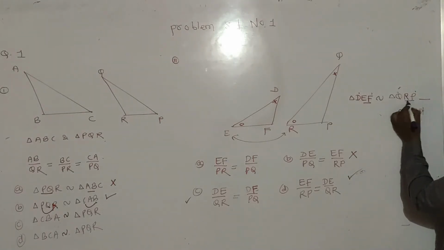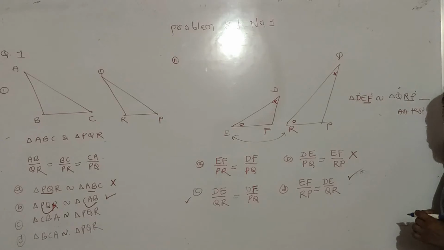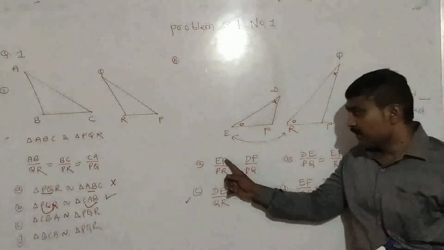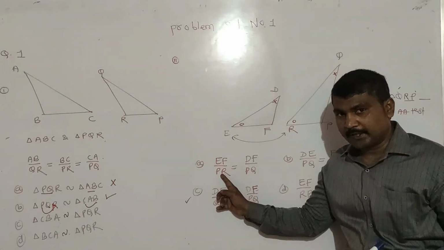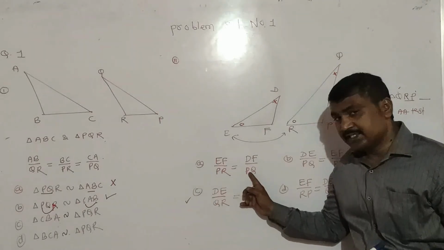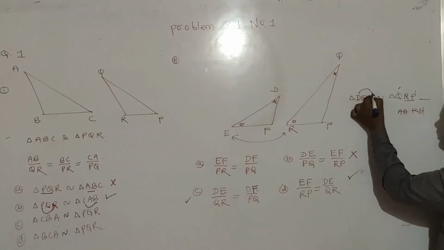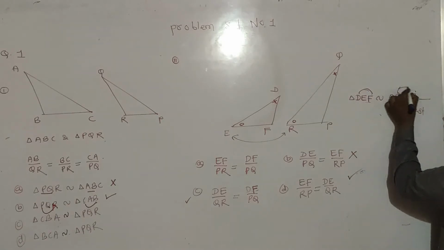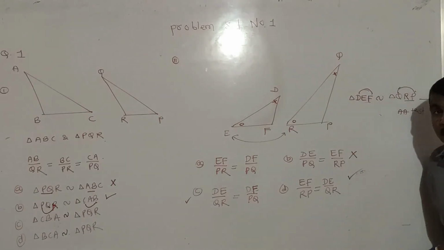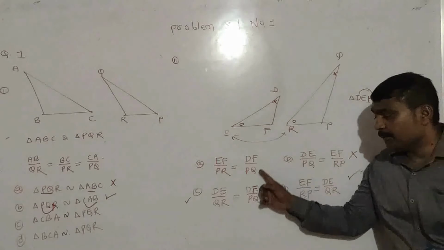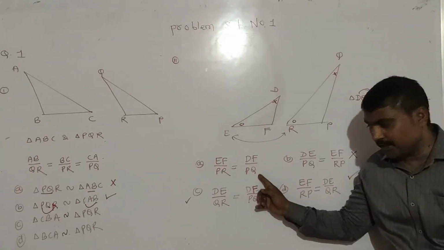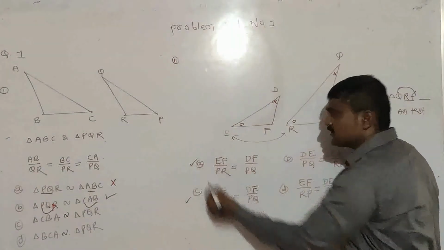Corresponding side of EF is RP, EF upon RP, is it given there? EF upon RP, ये तो करेक्ट है। अभी सेकंड के लिए चेक करेंगे, DF लिखा है, where is the DF? DF is the first and third, तो DF के नीचे क्या होना चाहिए? QP और PQ, is it given there? DF upon QP और PQ, yes, it is also given there, so option number A is also correct.